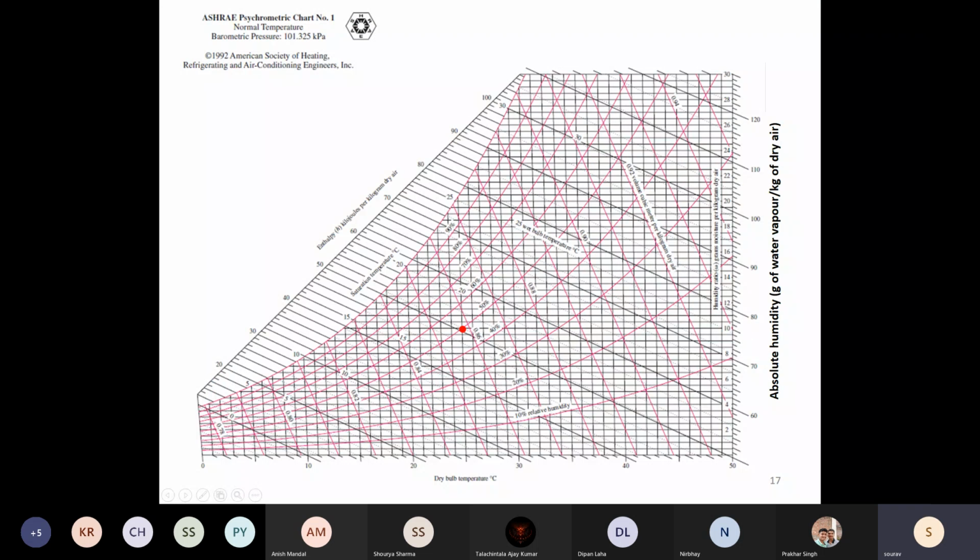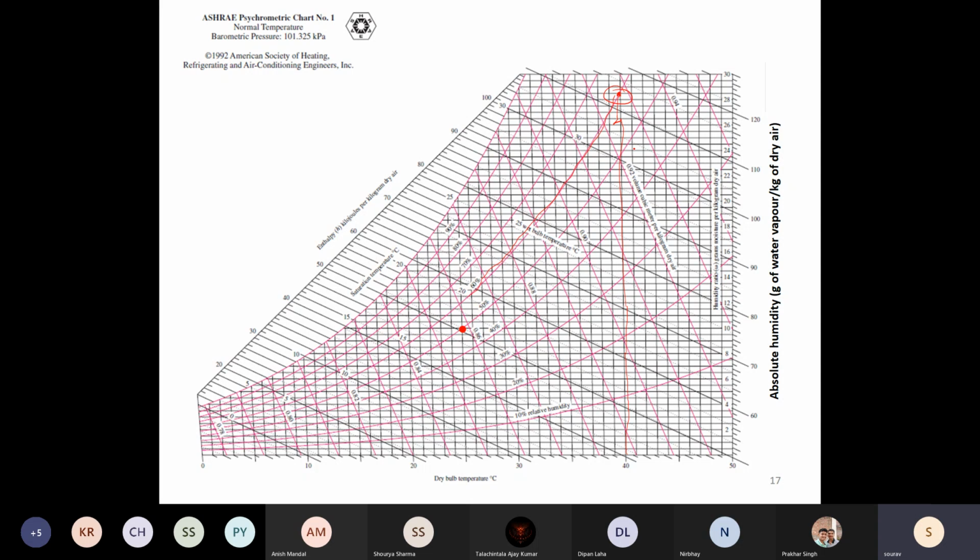So we'll look at 40 degrees and 60% RH. Okay, difficult to plot here. Can we get an intersection? Now this is 60%.